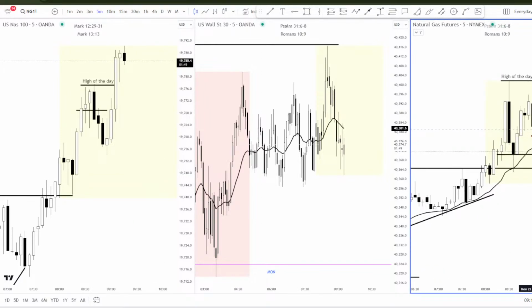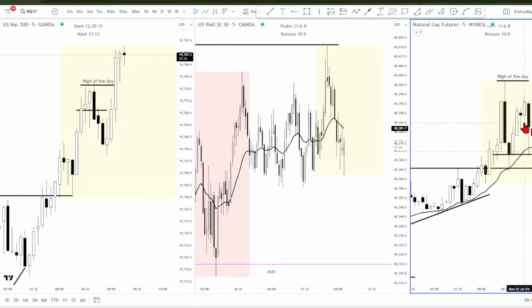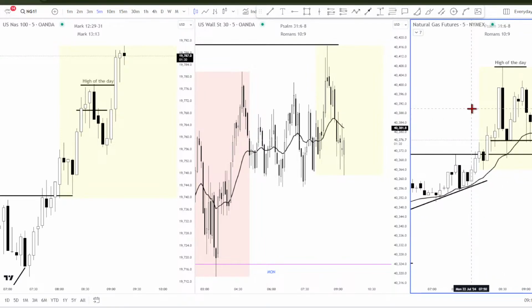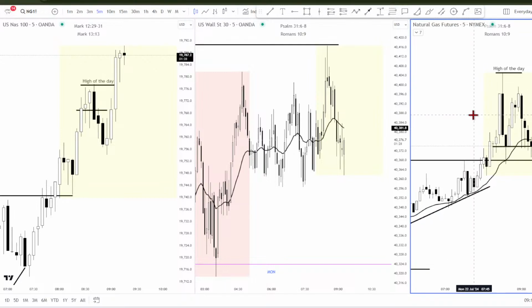Talking about up here, TR? This new hour being an inside hour, would really like to see them break out now to the downside for this hour. That'd be good.